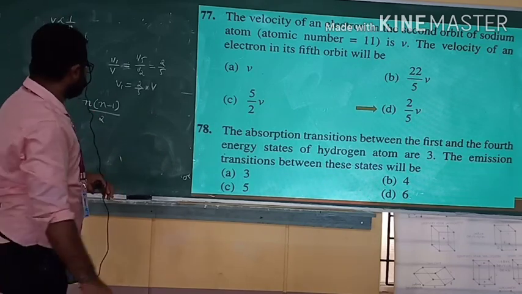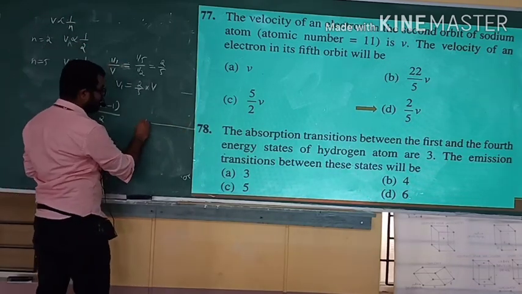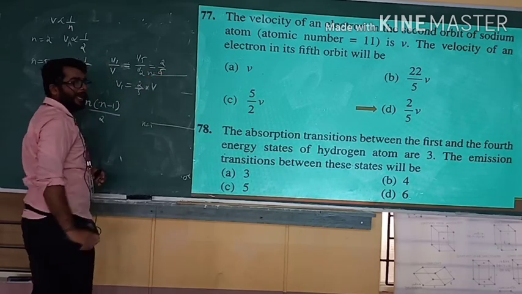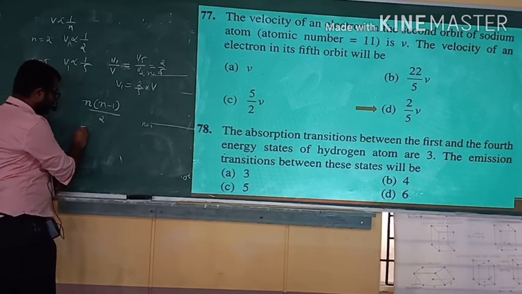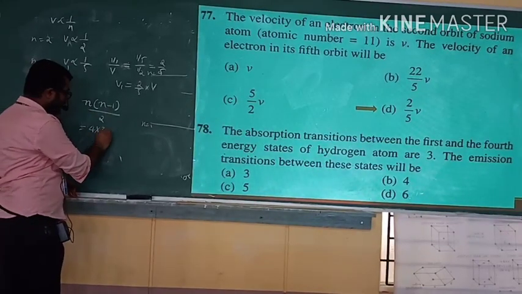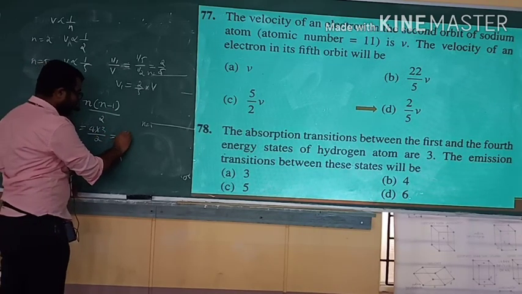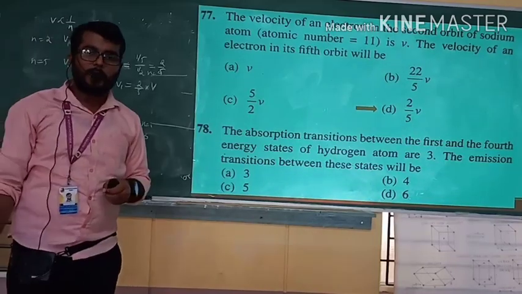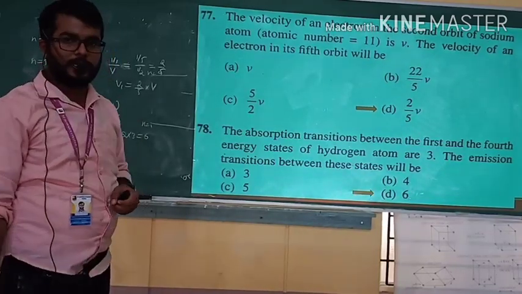The first state n is equal to 1, fourth state n is equal to 4, that is 4 into 4 minus 1, it is 3 divided by 2, therefore it is 6. So number of possible transitions is equal to 6.